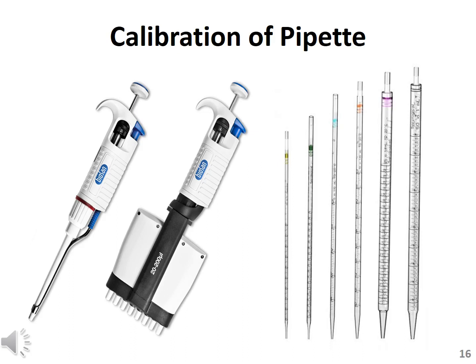And on the left side you can see the two types of micropipettes. One is a single channel and the right one is multi-channel micropipettes. These pipettes use a vacuum to draw up and dispense the solution or a liquid.